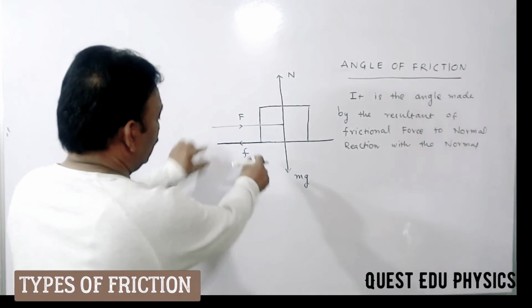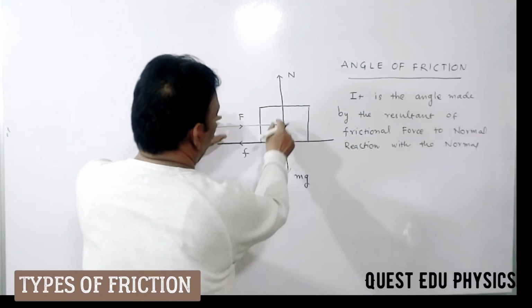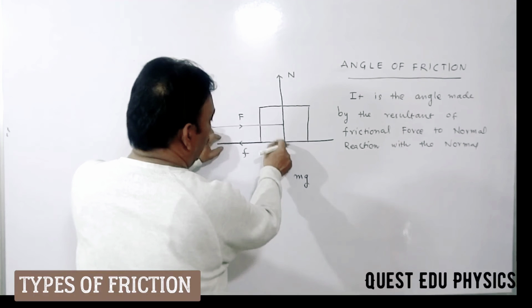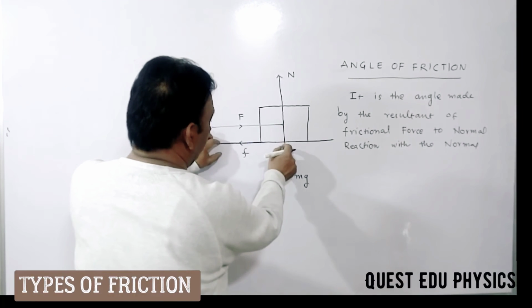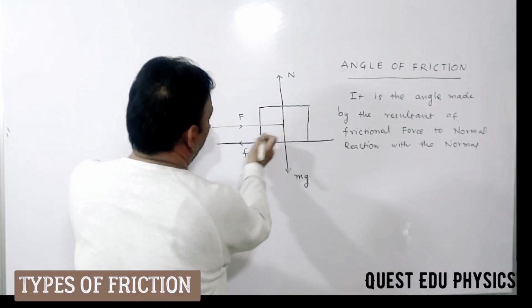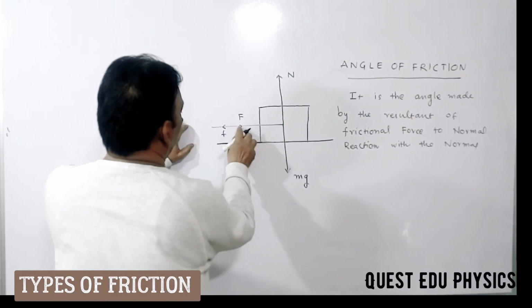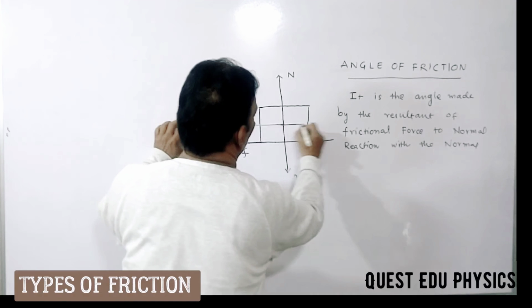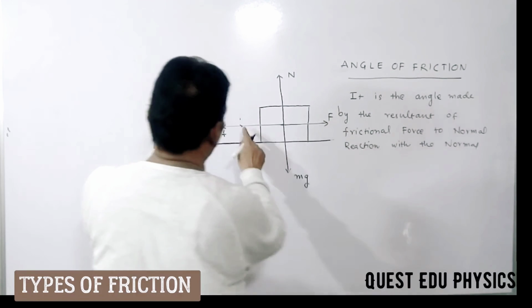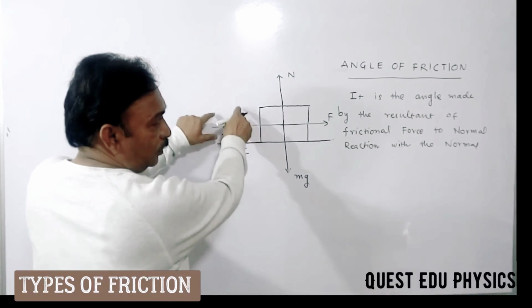Let's say it is the frictional force. What I am doing is projecting this force here, and you can say it is the direction of the frictional force. Let's say I'm applying the force. To make it clear, I'm writing here the friction.